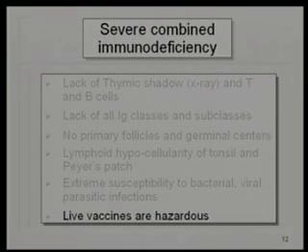So anytime you see immunodeficiency, particularly of the severe kind or T-cell immunodeficiency, you've got to stay away from live vaccines. There is no point in immunizing these patients anyway, but if one suspects severe combined immunodeficiency, one has to particularly avoid any live vaccines. Okay?